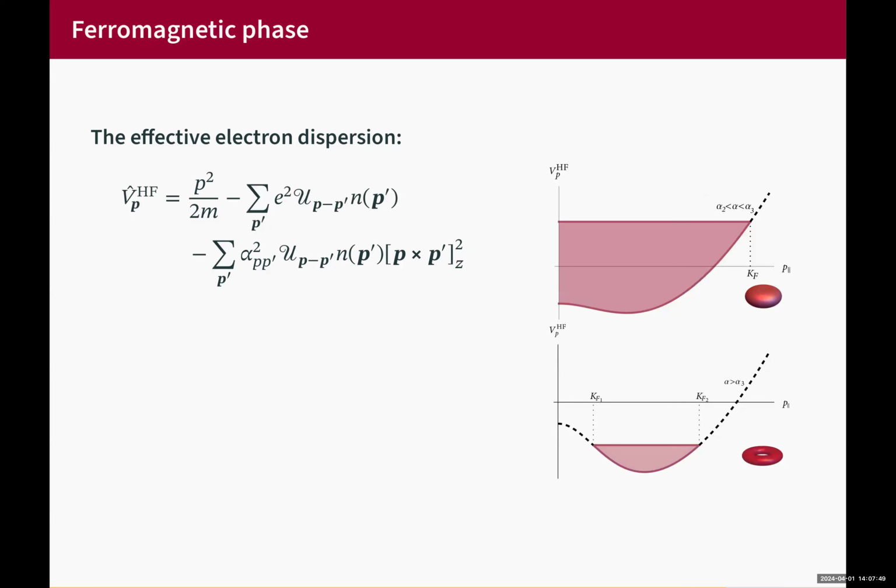If we look at the ferromagnetic phase with the spontaneously chosen direction of magnetization, the situation becomes interesting because, first of all, as you increase alpha, all states with momenta from 0 to some upper Fermi momentum will be occupied, but the dispersion becomes highly anisotropic, and the state will look like a dimpled ellipsoid instead of a sphere. This is also a kind of Lifshitz transition.